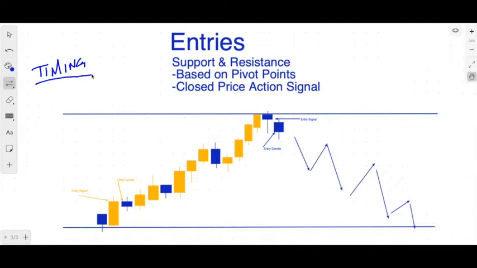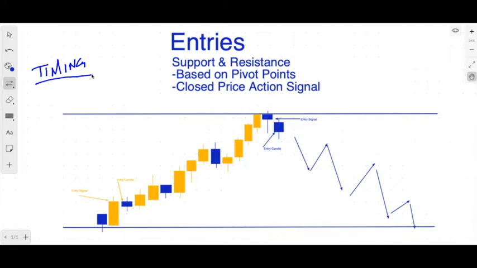You're welcome to trade other time frames. Just understand that the lower the time frame, the less the strength of the signal is.